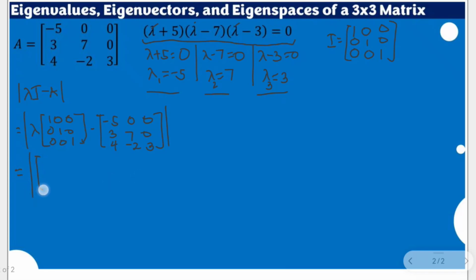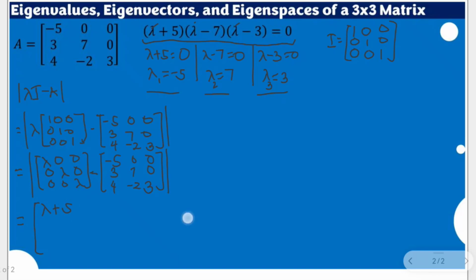So you will have here lambda, 0, 0, 0, lambda, 0, 0, 0, lambda, minus these entries: negative 5, 0, 0, 3, 7, 0, 4, negative 2, and 3. Since both matrices are 3 by 3 matrices, the difference is defined, and we will have this final form. We have lambda minus negative 5, so lambda plus 5.